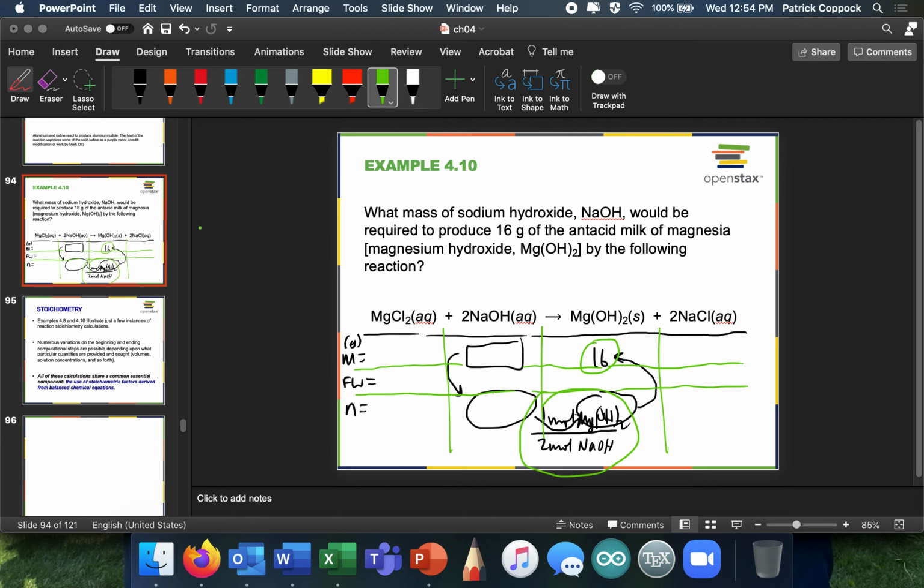I'm going to write it again in orange. There's 2 moles of sodium hydroxide for every 1 mole of magnesium hydroxide, and I get those numbers from here, right? There's a 1 there and a 2 here, right? Okay, stoichiometric factors. We definitely need them. We're going to use them a lot. And this is just an overview video, right? We'll do examples in another video.